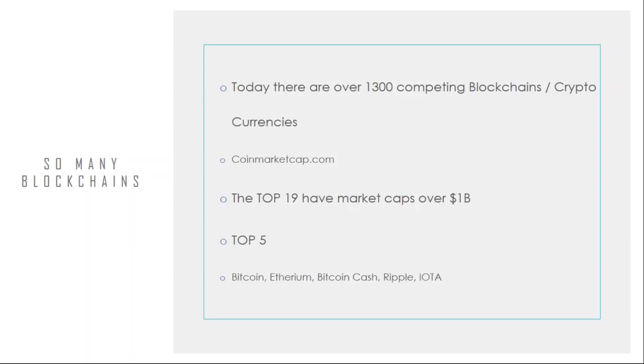The top 5 of these, if you go out and look at coinmarketcap.com and look at the list there, the top 5 most valuable currencies, at least as of yesterday, were Bitcoin, Ethereum, Bitcoin Cash, Ripple, and IOTA.